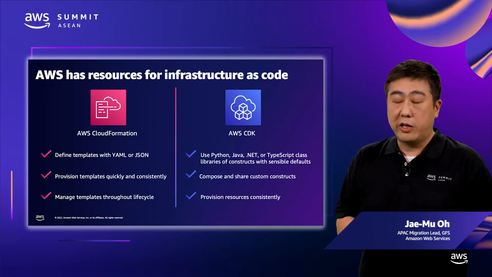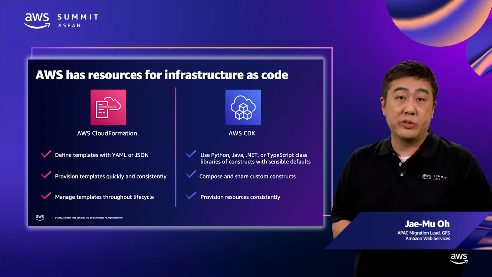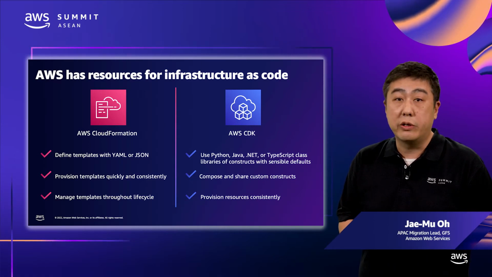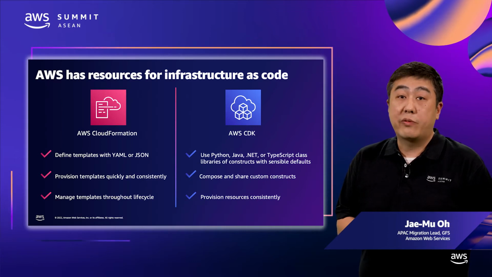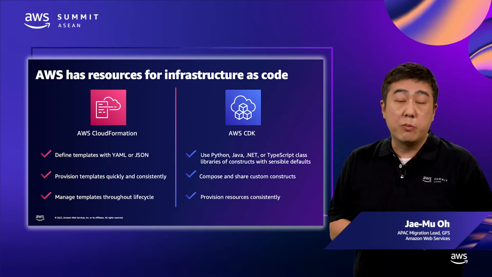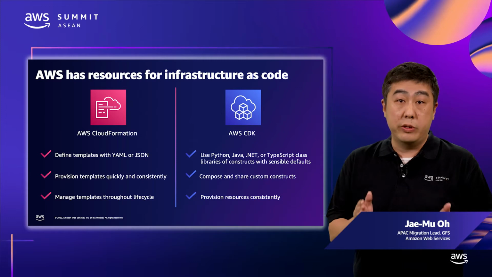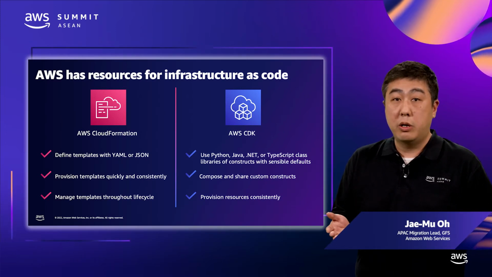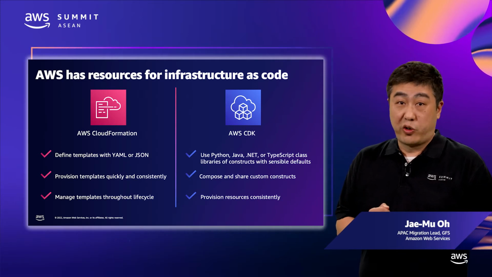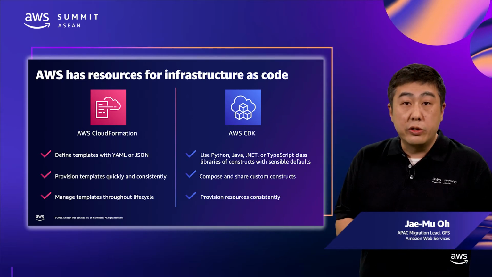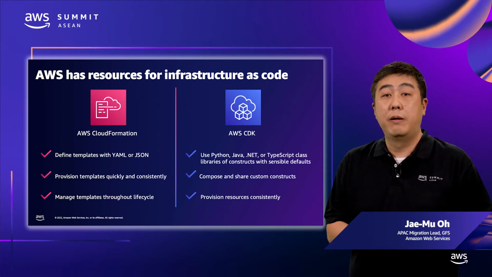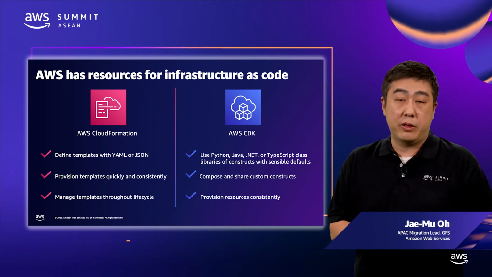AWS offers AWS CloudFormation and AWS CDK to make it easy for customers to leverage infrastructure as code on AWS. CloudFormation lets customers use YAML or JSON to define templates that model a collection of related AWS and third-party private resources, provision them quickly and consistently with the support for drift detection and failure rollback, and manage them throughout their lifecycle.